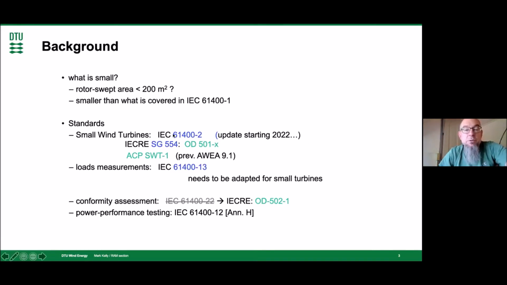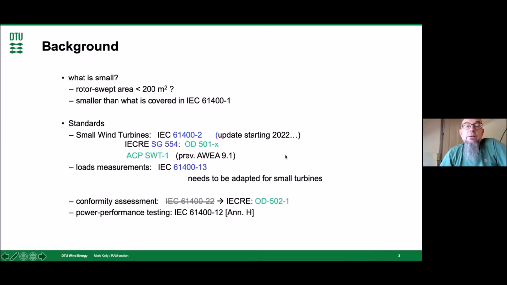And there are various standards, like you just mentioned. Here's the number soup. The main one is 61400-2, and then there's an update coming. Brent Somerville, I saw, is on, and he's involved in the updating. Then there's the IEC Renewable Energy group, stakeholder group 554, and they're making an operational document that's coming out soon, 501 something, about this.